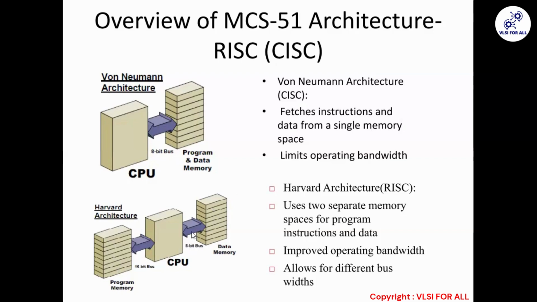By this 8-bit bus we are communicating with data memory, and by this 16-bit bus we are communicating with program memory. So there are separate bandwidths for communicating with data and program memory. So obviously you can think it will be faster, right? At a time, both are working.